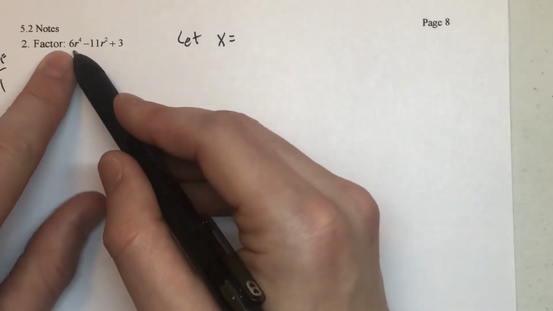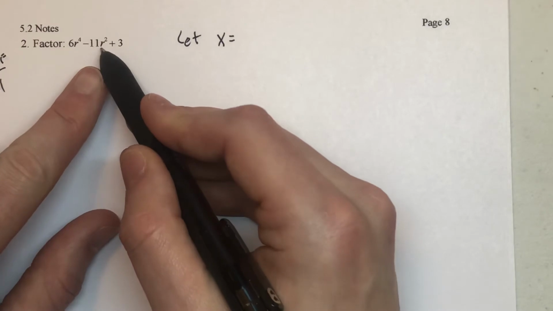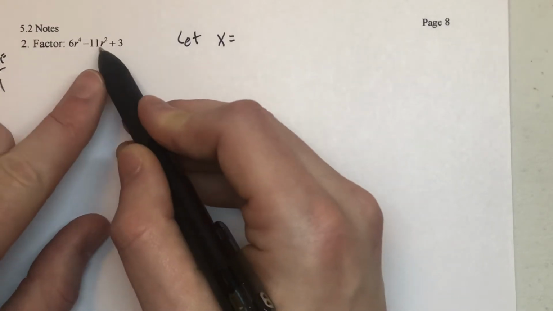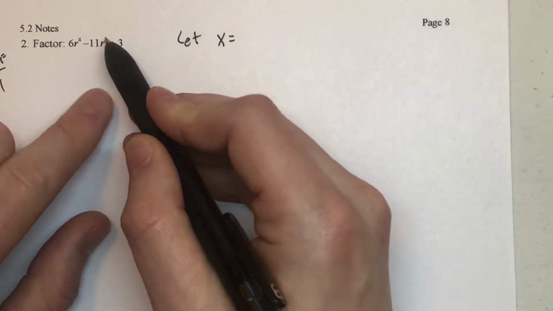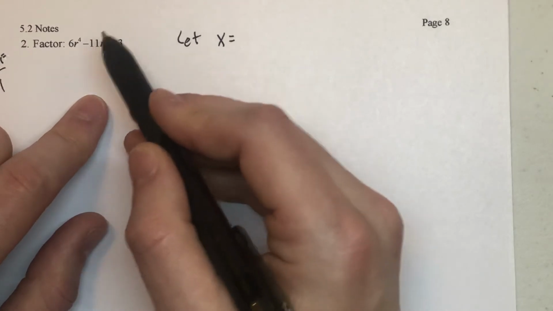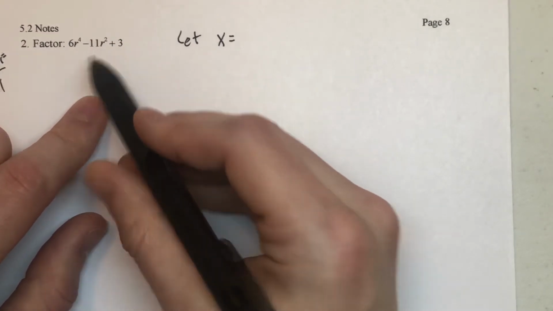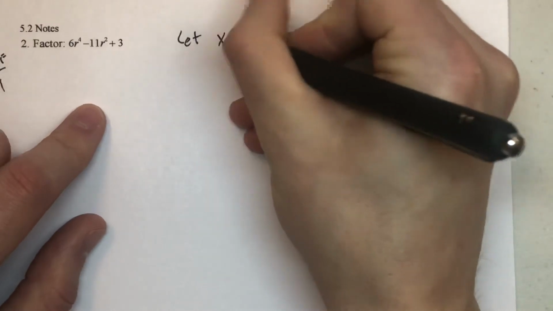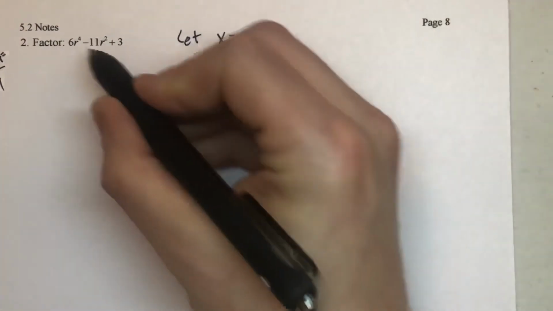Well, if I want this to be an x squared term, this to be an x term, and then this is a constant, this is supposed to be an x term, which would mean that r squared would have to be what x represents. And if I just write that, if I say x is r squared, think about what the first term would then be.